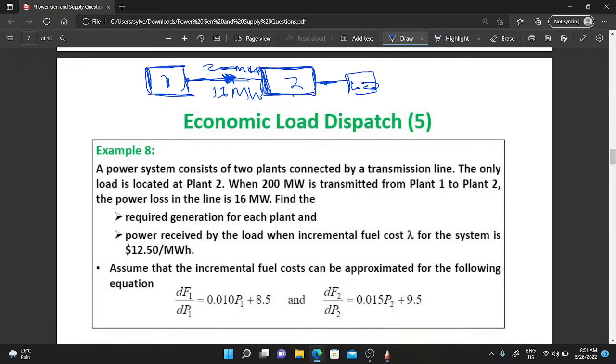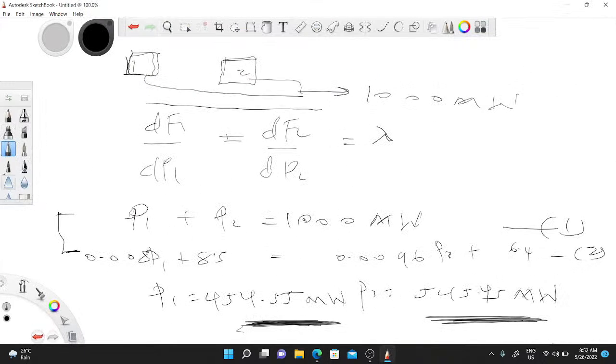Okay. Now, when the losses come in, the Lagrange equation becomes modified.